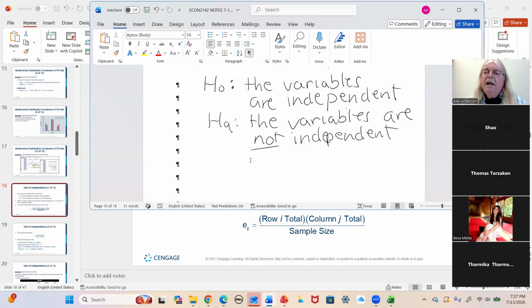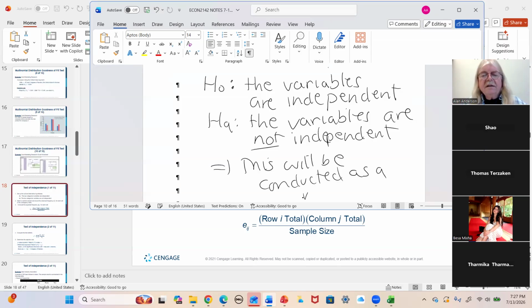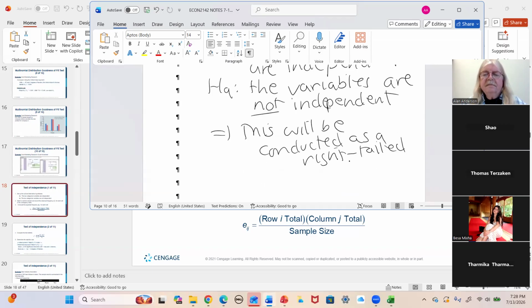And you notice, just like with the goodness of fit, it's a yes or no situation. Either they're independent or they're not. So that means this will be conducted as a right-tailed test. So in other words, there's only going to be one critical value to choose from.